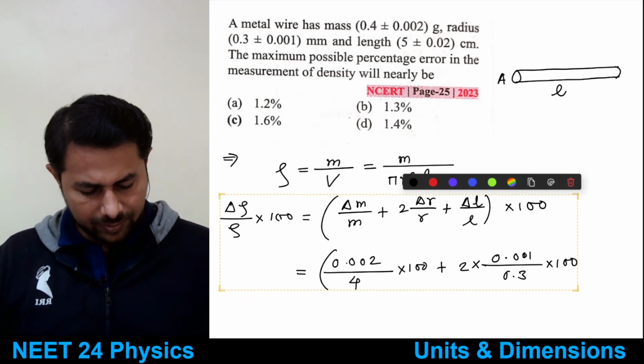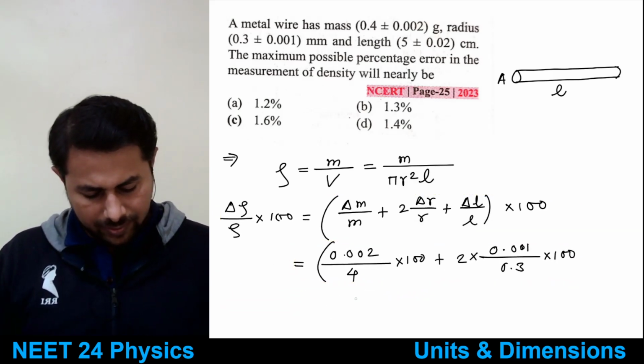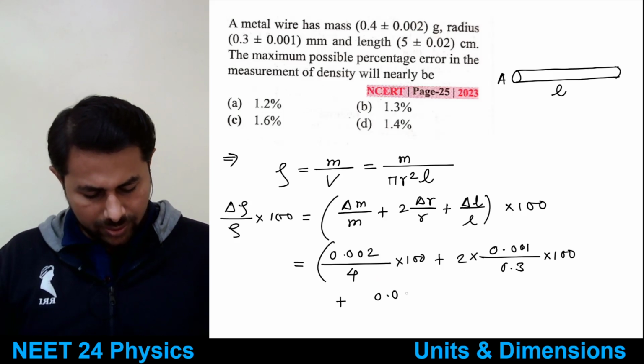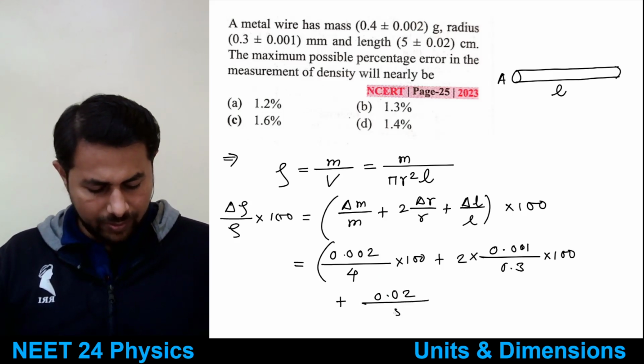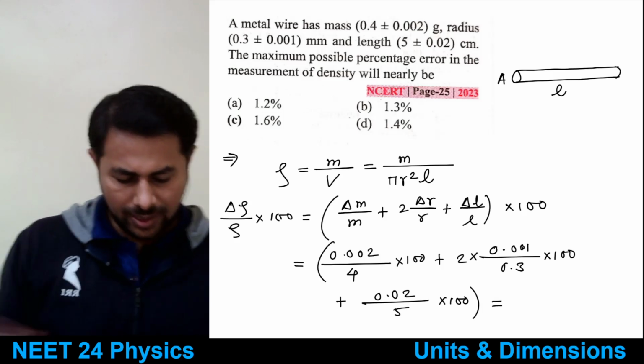And the last one is plus 0.02 divided by 5 multiplied by 100. So tell me what's the answer. Calculate and tell me.